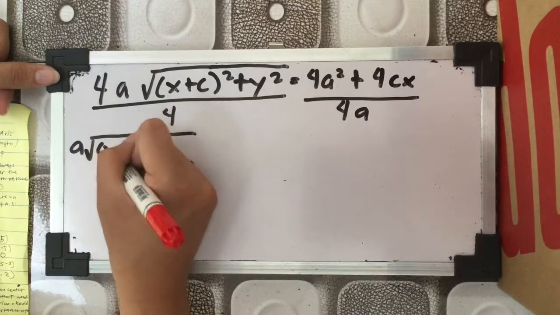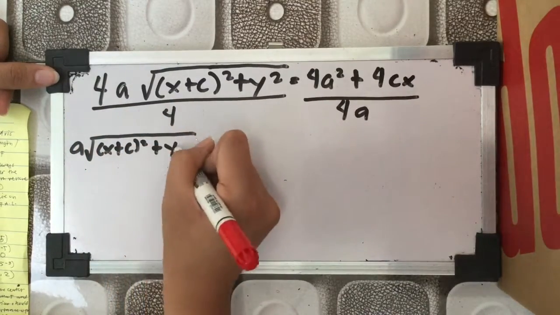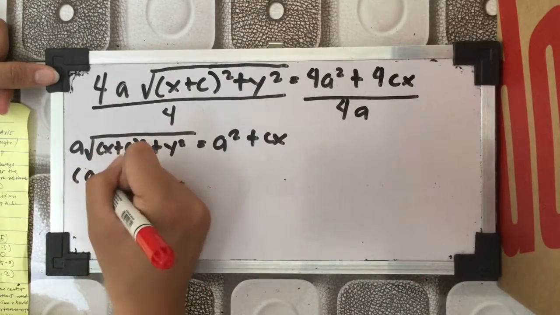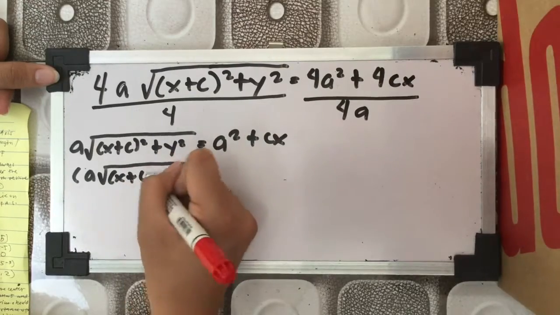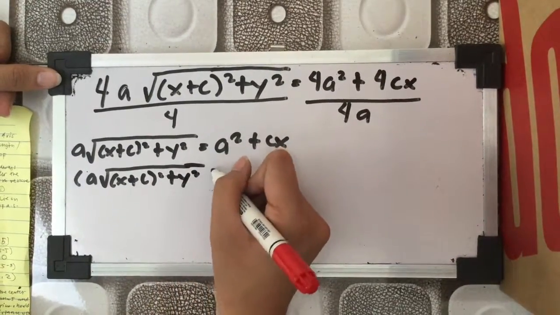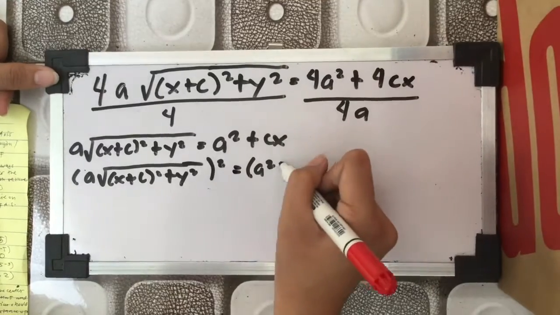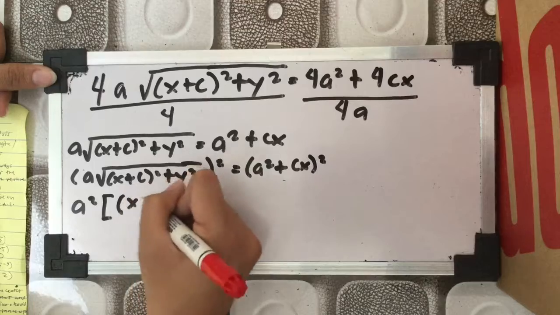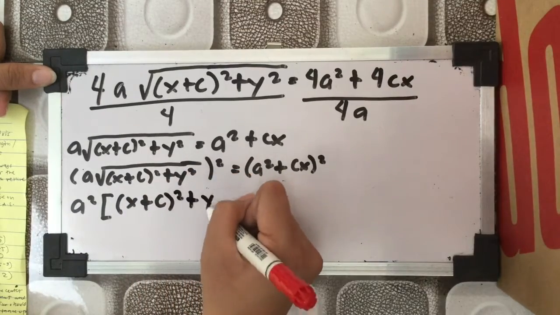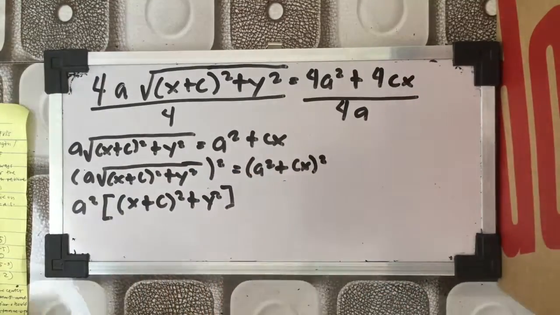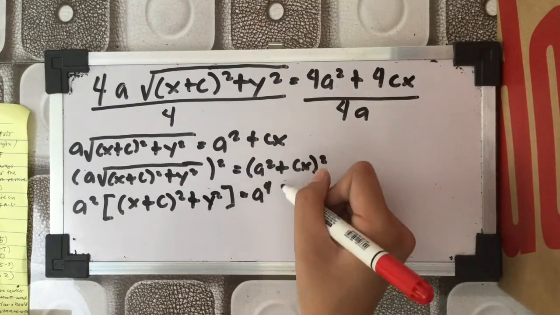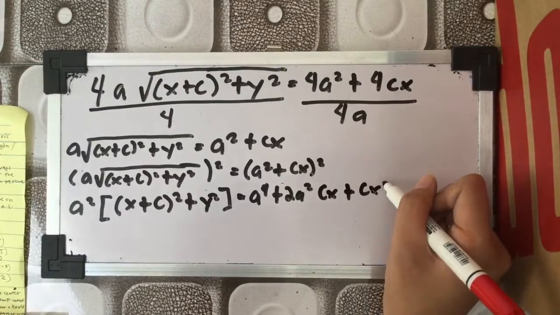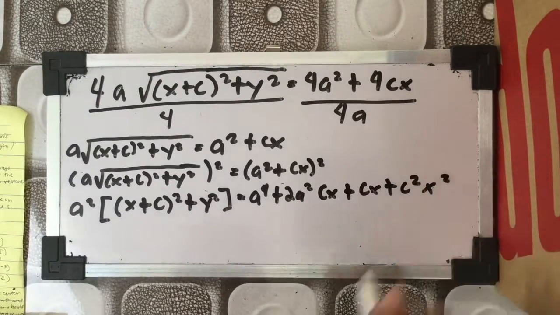The answer would be a times the square root of the quantity (x plus c) squared plus y squared equals a squared plus cx. Square both sides and the answer would be a squared times the quantity (x plus c) squared plus y squared equals a to the power of 4 plus 2a squared cx plus c squared x squared.